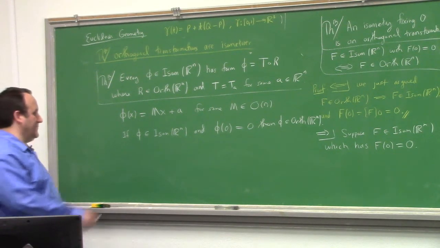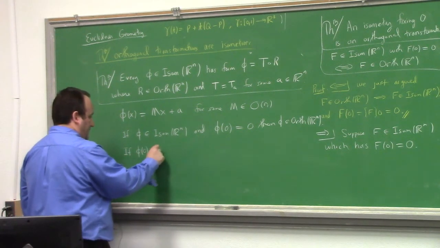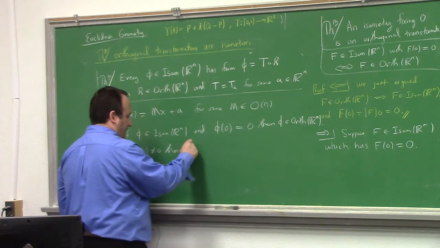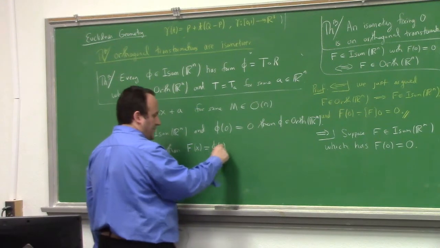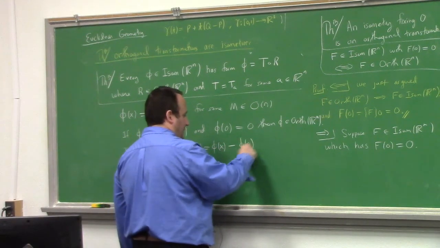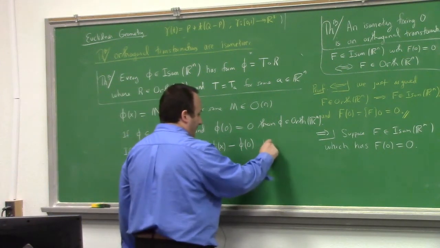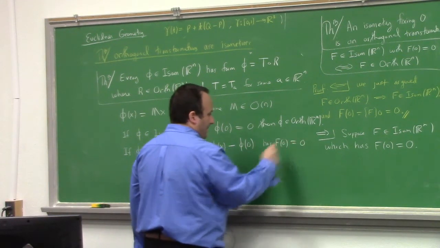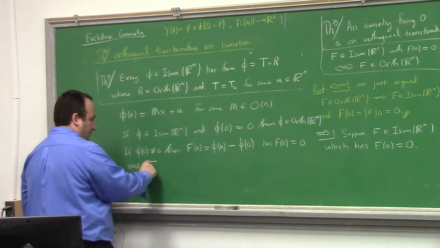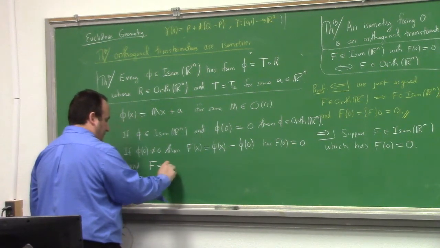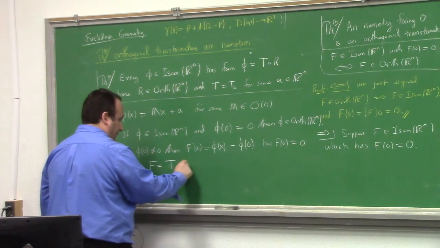What if it doesn't? If phi of 0 is not equal to 0, then f of x equal to phi of x minus phi of 0 fixes 0. Furthermore, f is nothing more than the composition of the translation by minus phi of 0 with phi.